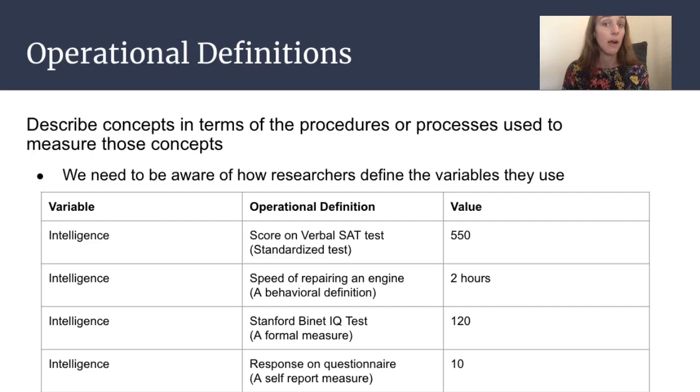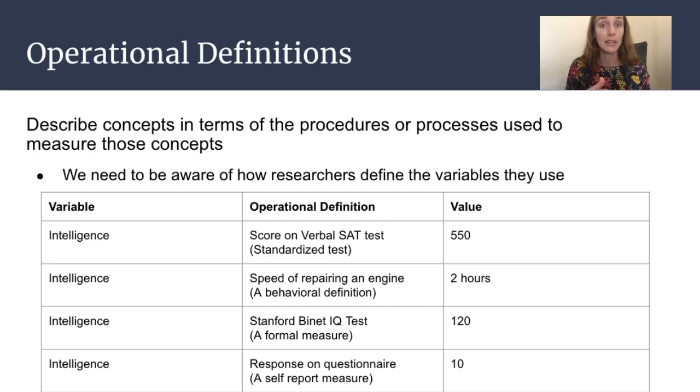But here we have it: one variable can have multiple different meanings or definitions, and we want to make sure that the definitions are strong, and that we agree with how a researcher is defining a certain variable. Maybe you don't think that the speed of repairing an engine has anything to do with intelligence. Our psychological definition would say probably not. But there we have it. We have a variety of ways we can define variables.